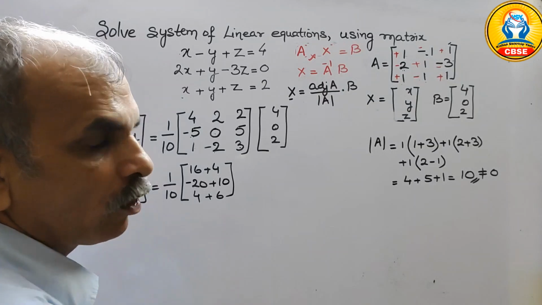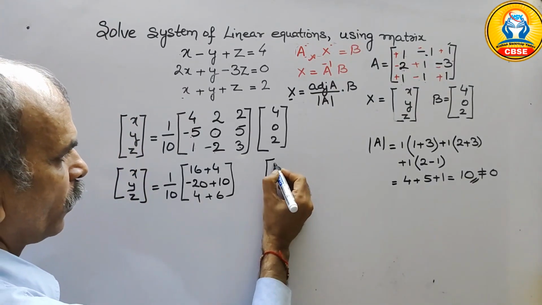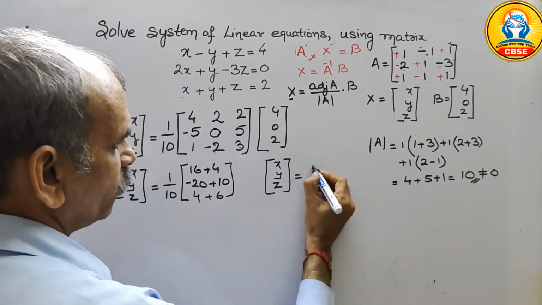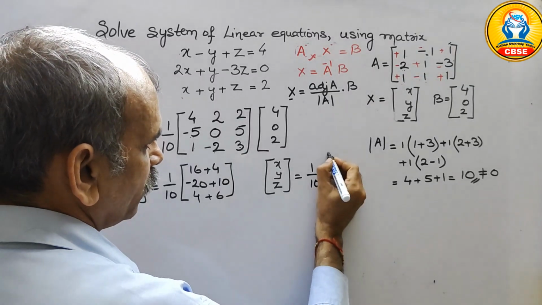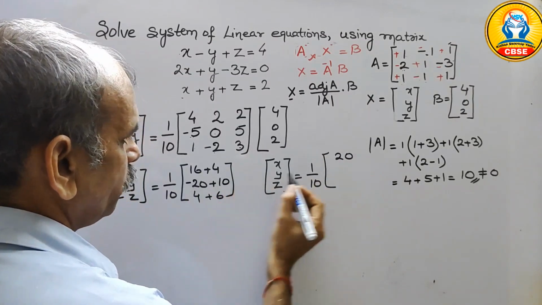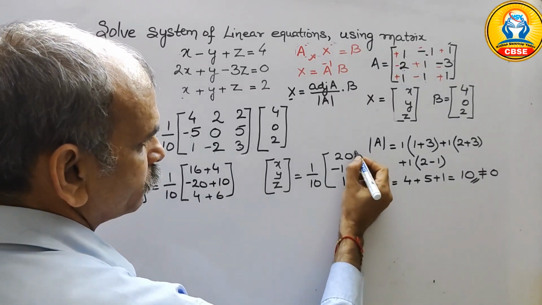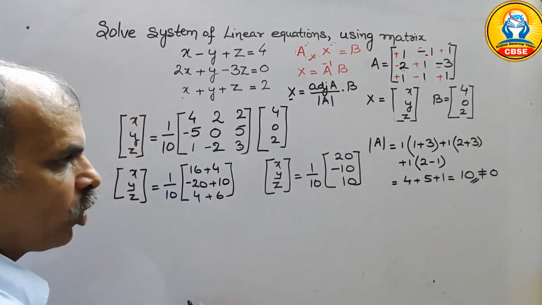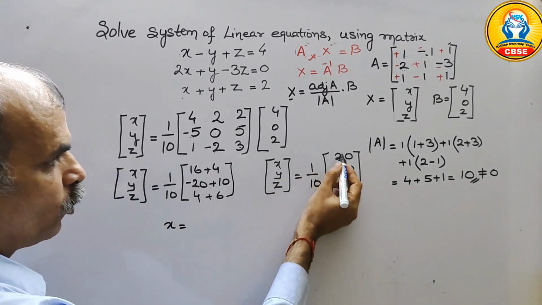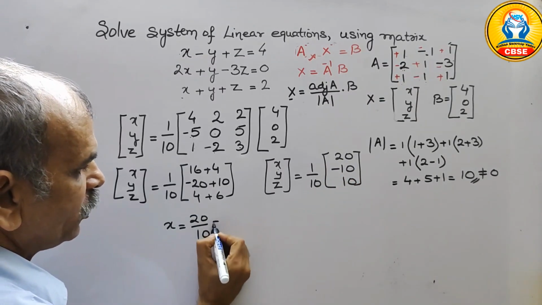So now if you solve this, what will we get? We will get x, y and z equal to 1 by 10, and here comes 20, this will be minus 10 and this will be 10. If you solve this, x is equal to 20 by 10, that is equal to 2.